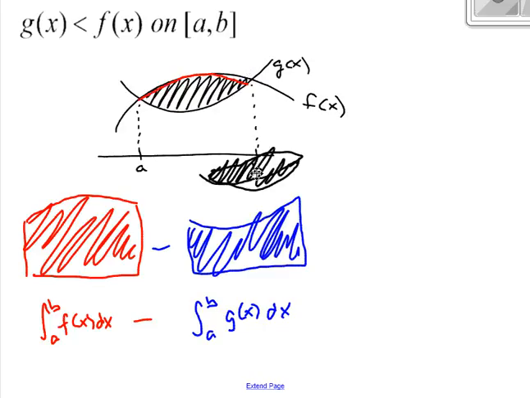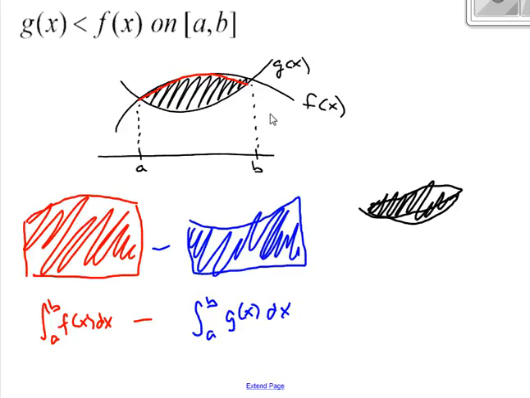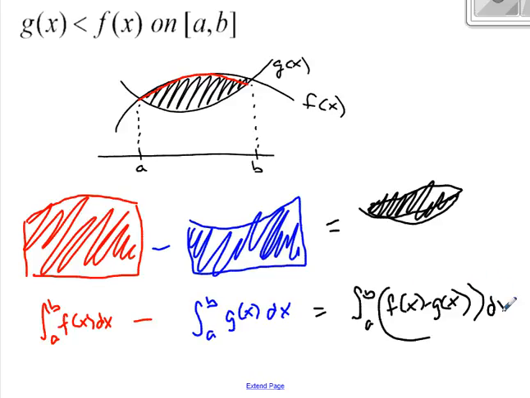And so that then equals this over here, which is the integral from a to b. And we can combine this subtraction. There are two separate integrals here, but over here we can combine them to be f of x minus g of x all times dx.